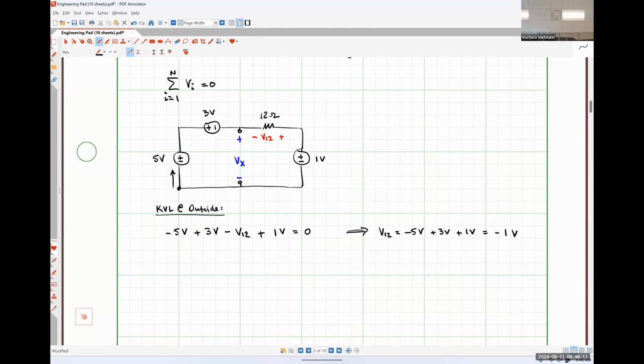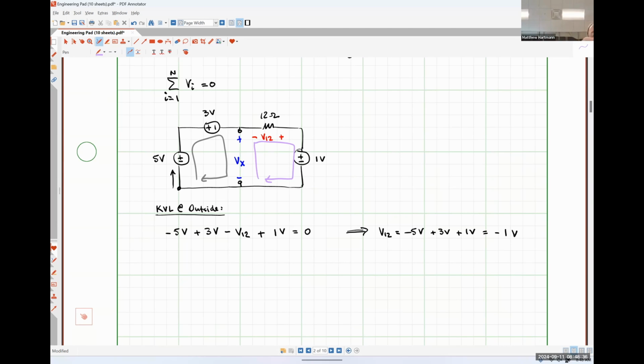So I could, if I were so inclined, write a KVL equation around this path or this path, and these paths could go in the opposite direction if we wanted to, and that would be a perfectly appropriate way for me to find that voltage Vx, okay?